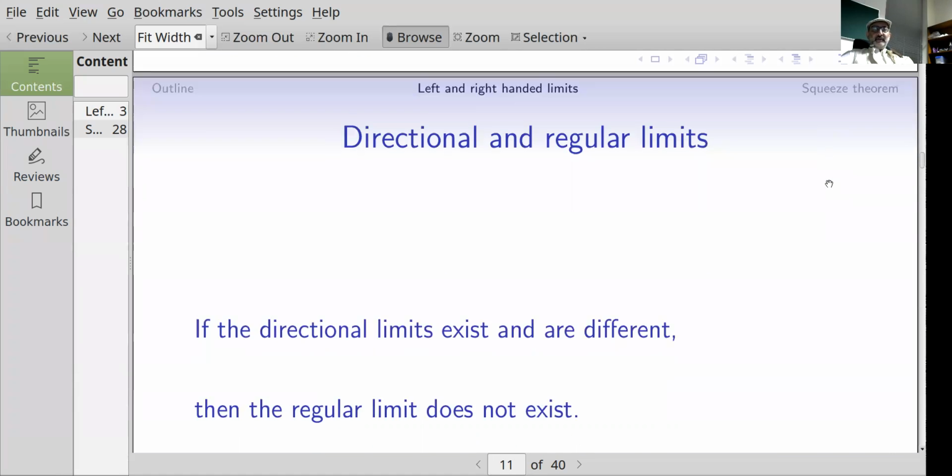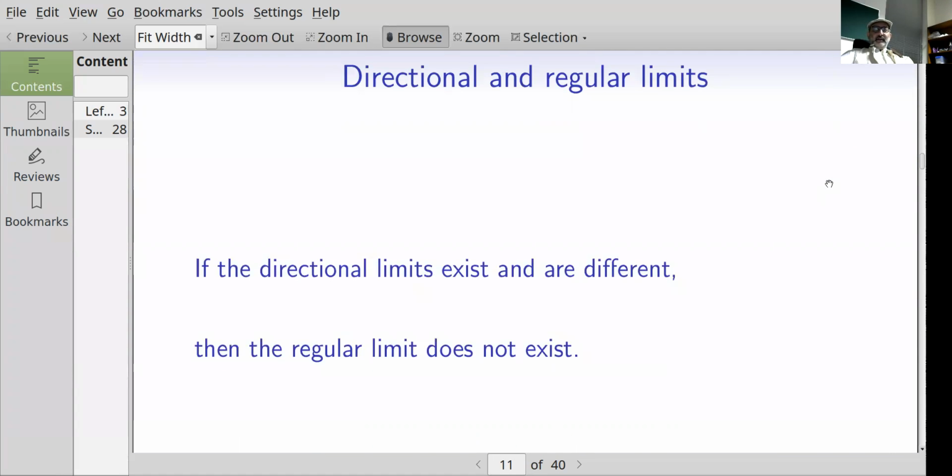Okay, so we'll consider the relationship between the directional and the regular limits. If the directional limits exist and are different, then the regular limit does not exist. Okay, that's what we just saw in the previous example.